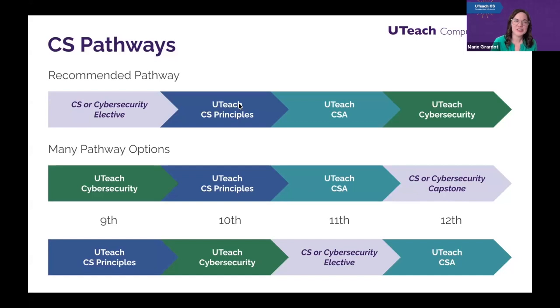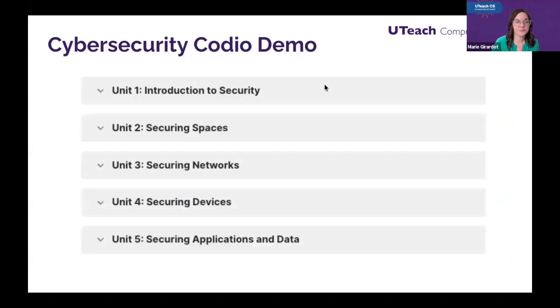That is definitely a rigorous, challenging course. So always have cybersecurity before CSA or CS Principles before CSA. But all 3 of those AP courses are complementary rather than sequential courses like Algebra 1 and Algebra 2. So there are a lot of options and flexibility in how you structure your pathway to best meet the needs of your district.